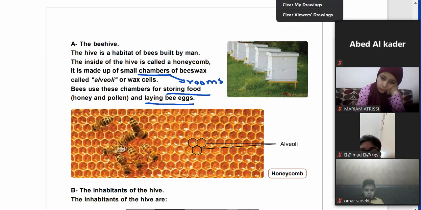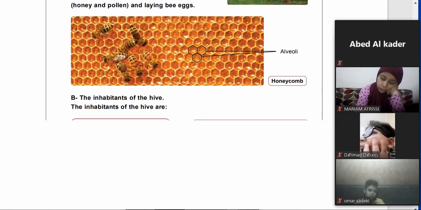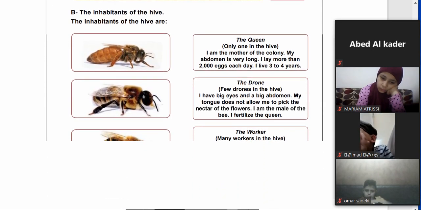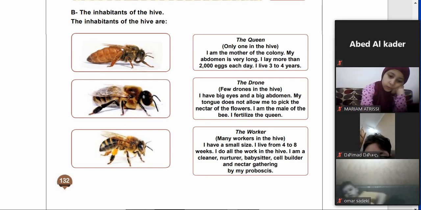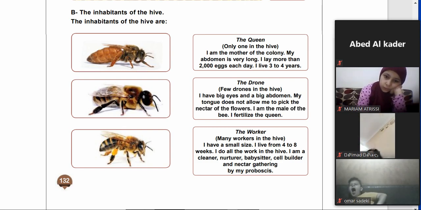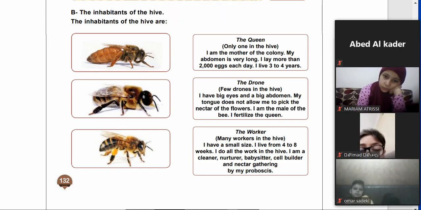Now, in part B, we have to recognize and identify the inhabitants of the hive. Which kinds of bees live in the hive? Who can tell me, by observing this document, how many kinds of bees there are?